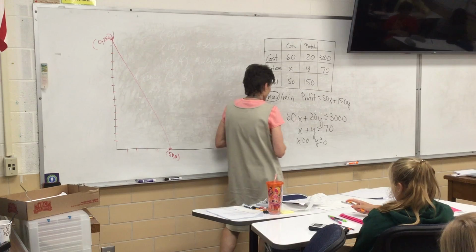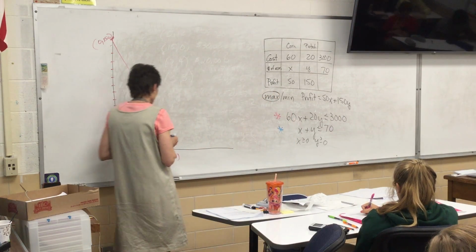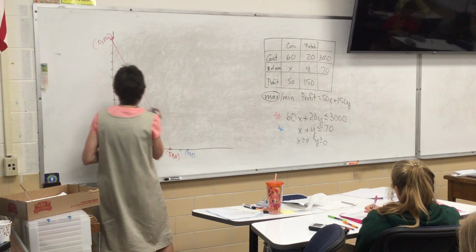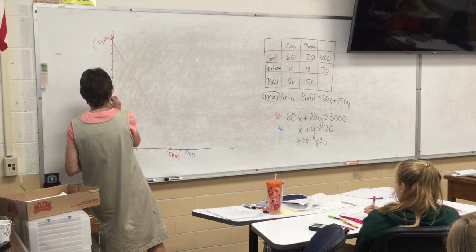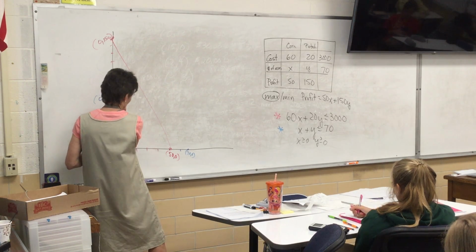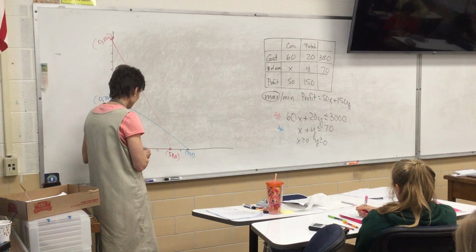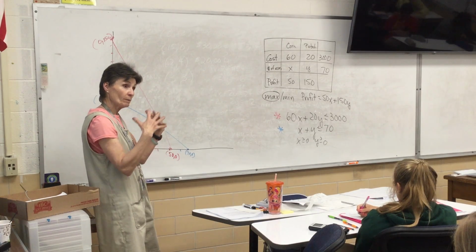So now I'll do this one in blue. Isn't that just going to be 70 and 70? It'll also be down. And that one is also shaded below.